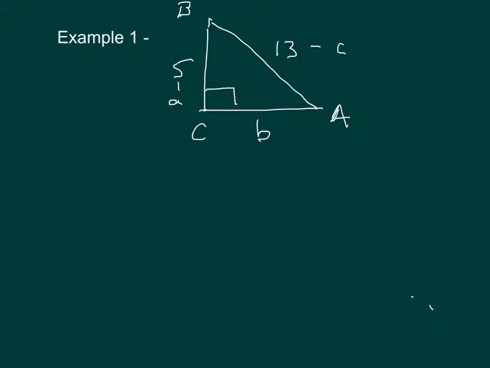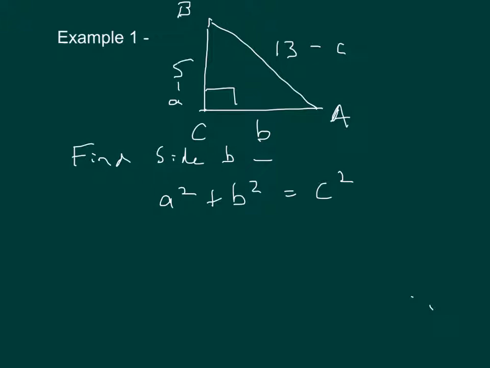That's right, side B. So we want to find side B. We can apply our Pythagorean theorem, which once again states that a squared plus b squared equals c squared. So with that said, you just substitute in.